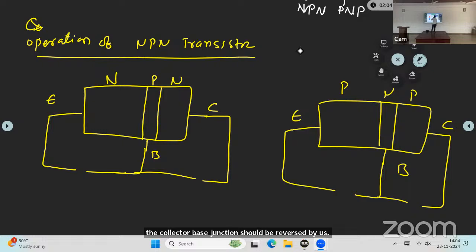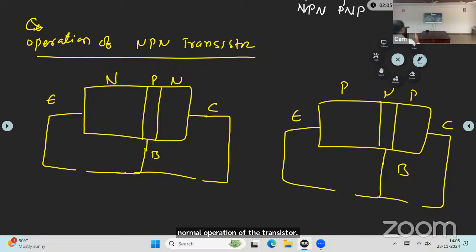You can remember this point for connecting the battery to the NPN or PNP transistor. This is for the normal working operation of the transistor.